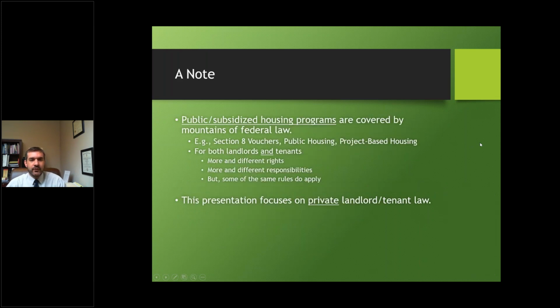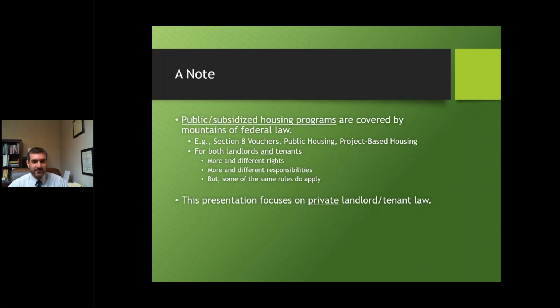This is also a note: a lot of housing programs and projects are covered by federal laws. These are often referred to as public housing, subsidized housing, low-income housing tax credit. There are a variety of different types of programs. This presentation doesn't cover the myriad of rules and regulations and scenarios that can arise when you're talking about public or subsidized housing programs.